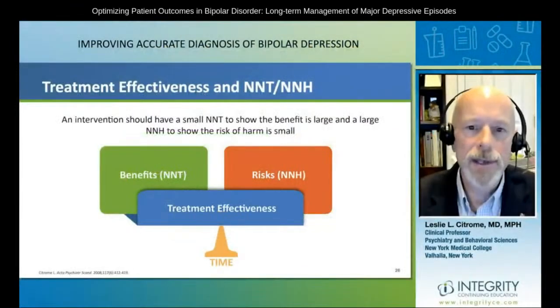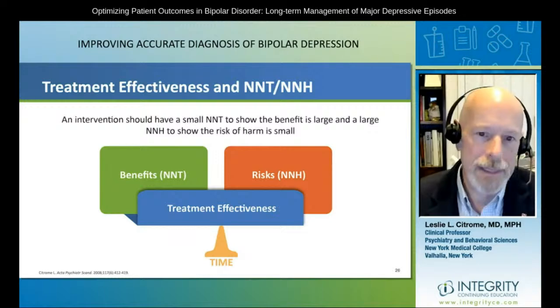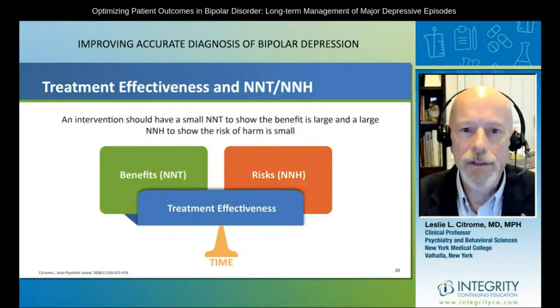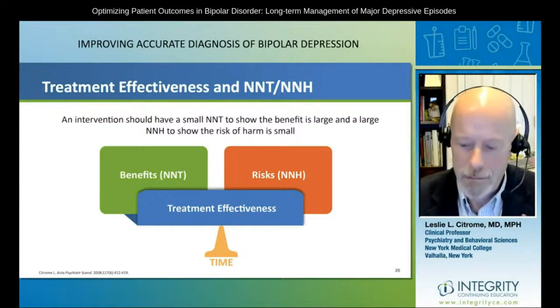So if it only takes a handful of patients to be randomized to drug versus placebo in a randomized controlled trial before anticipating one additional responder or remitter, well, that's good. And we're going to encounter benefits pretty often. What about NNHs? We want those numbers to be sky high versus placebo, because we don't want to have to encounter extra patients who have a complaint of, let's say, feeling tired, having akathisia, or gaining weight.